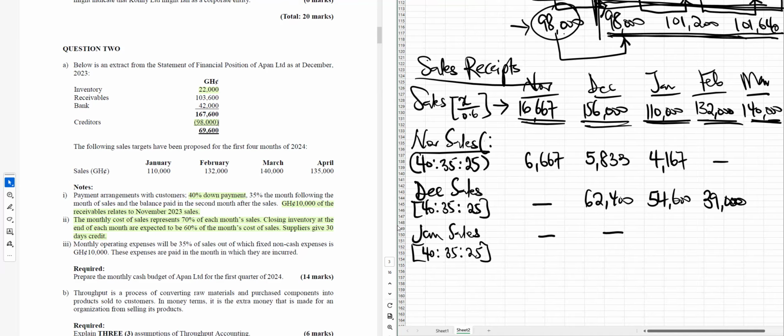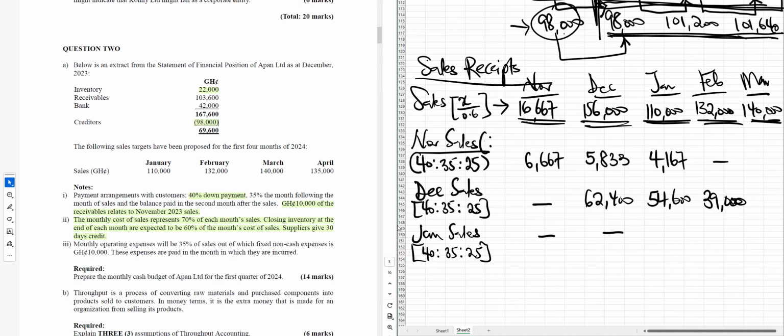But I know that 40% I get, it will be in what? 40% will be in January. That's cash. 40% will be in January.